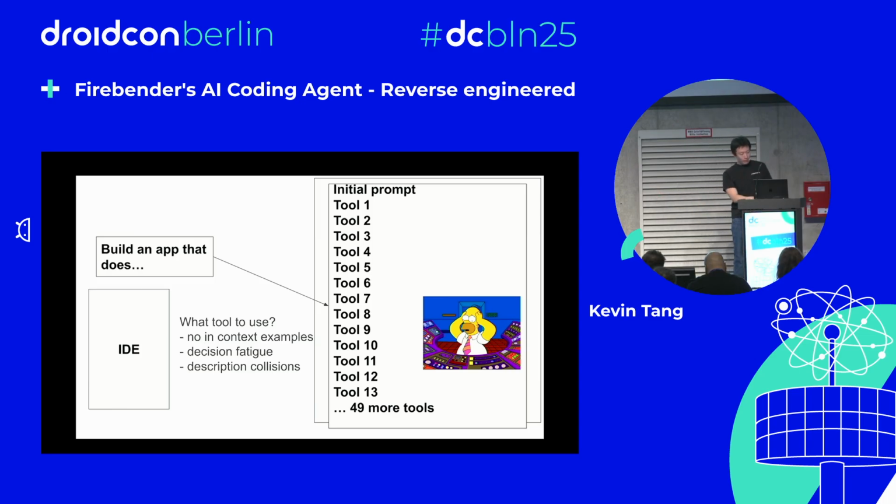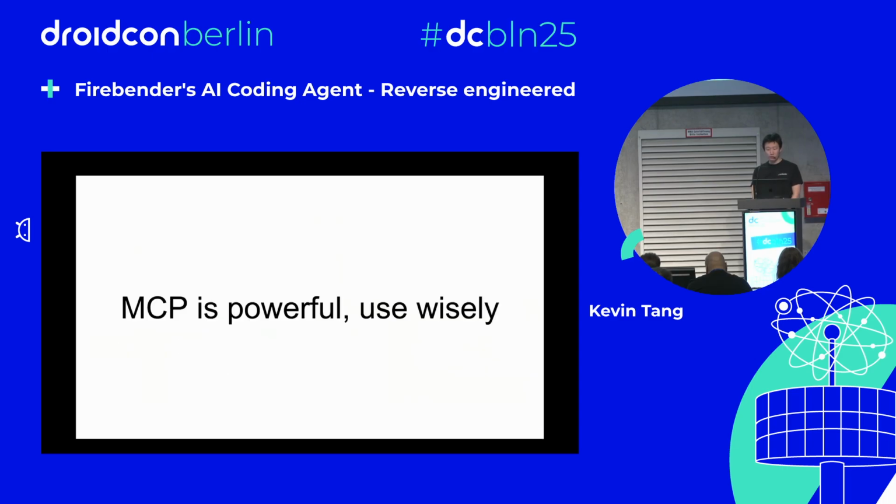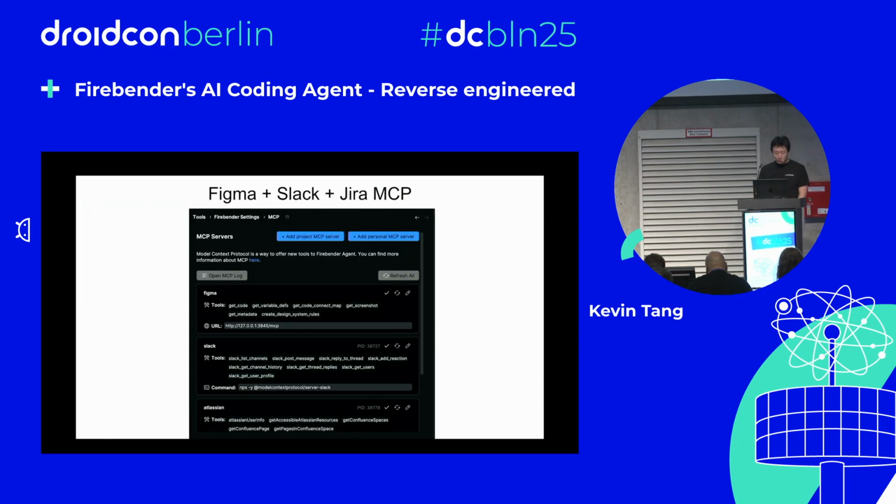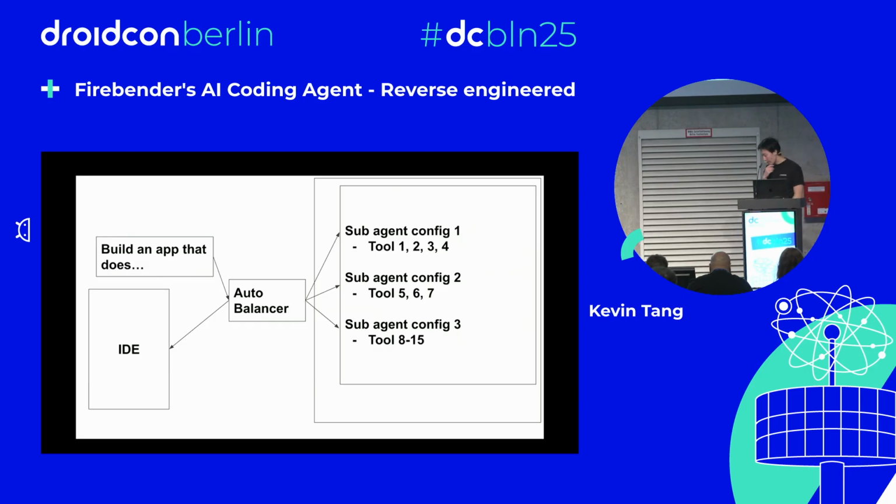I think over time this will become less of a problem, but right now this is a very big problem that we see. And potentially in the future, I think a good workaround for this is doing something like subagents, where you have various configurations of the coding agent.